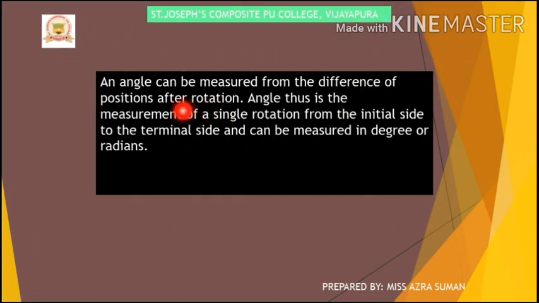An angle can be measured from the difference of positions after rotation. Angle is thus the measurement of a single rotation from the initial side to the terminal side and can be measured in degrees or radians.